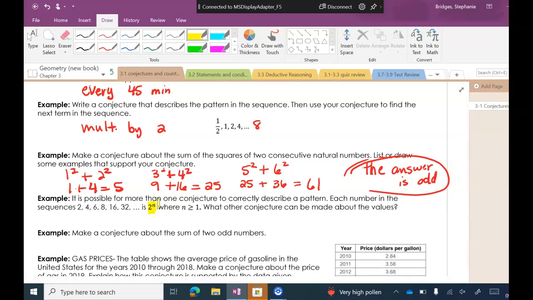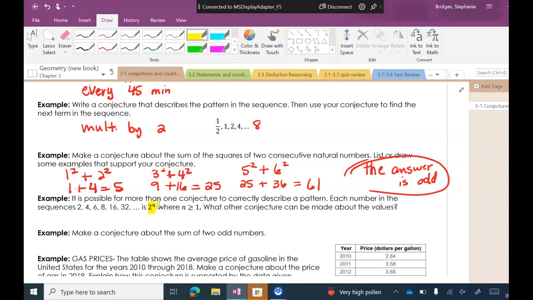So think about this. I want to show it here because I have more room to write. This is the first number in my pattern, correct? This is the second, third, fourth, fifth, sixth, right?